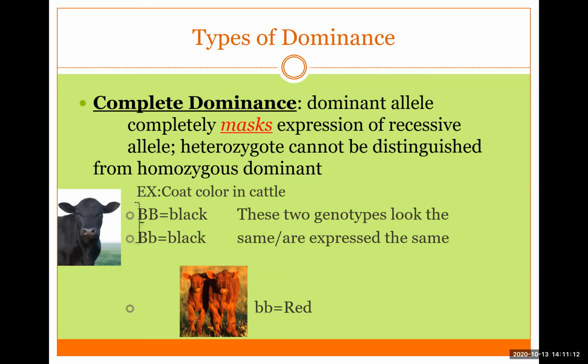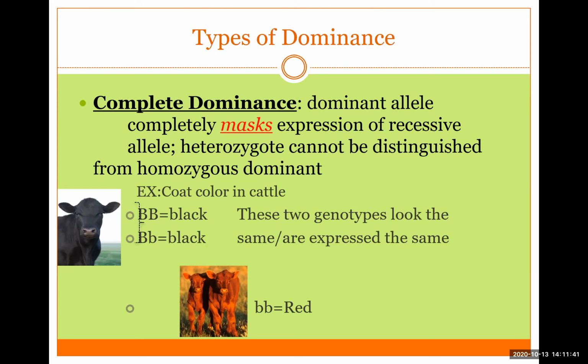So what color, based on this complete dominance idea, will he be? He will be black. But he's a carrier for red, right? So if we took this bull and we bred him to this cow, half the time he would pass on an uppercase B, right? And half the time he would pass on a lowercase b. Does that make sense? So this is all from the bull so far.